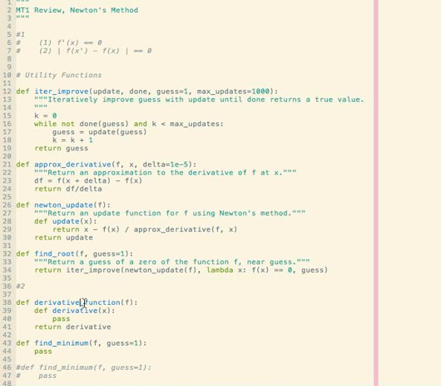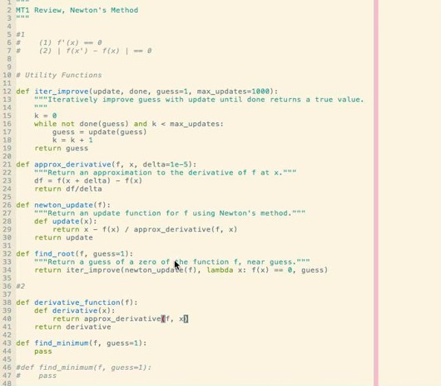Now notice how this is very different from approx derivative, because the approx derivative function takes two arguments, f and x, and it gives you the value of the slope at x for the function f. Okay, so actually in here what we need to do is return approx derivative f and x.